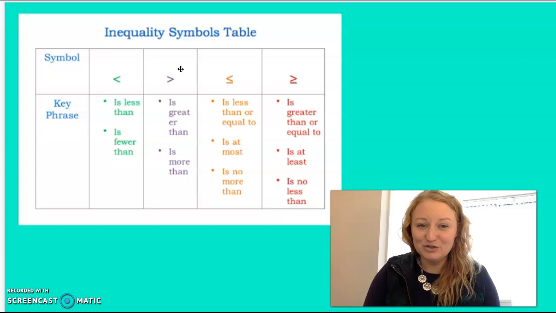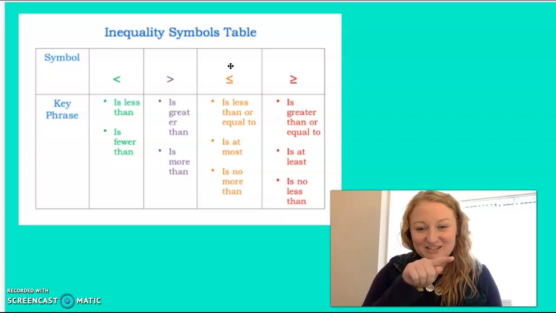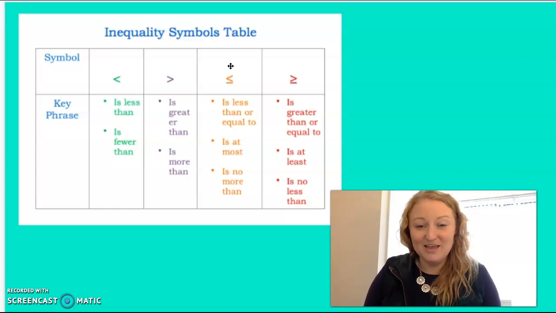And then you were introduced to these new signs, less than or equal to, and greater than or equal to. You'll notice it still has the less than sign, and then it just has the little line, almost like part of an equal sign, underneath. Other key phrases that go with less than or equal to are at most or no more than.